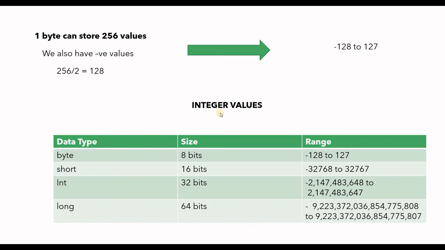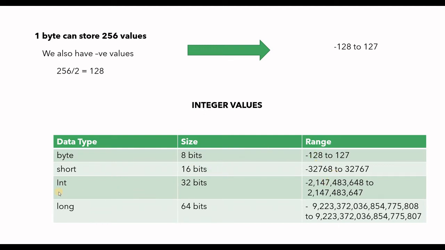Now we have various data types in Java which stores integer values. Byte is one of them. The size is 8 bits and the range is going to be 2 to the power 8, which accounts to be 256 and comes out to be minus 128 to plus 127. Similarly, we have short. The size is 16 bits and the range comes out to be this.